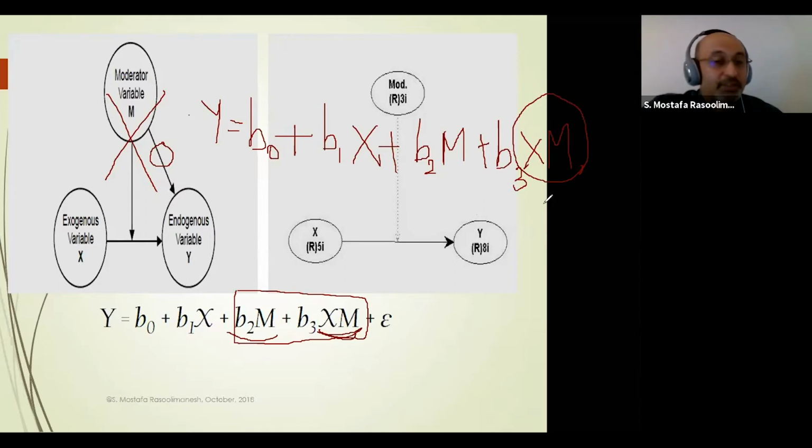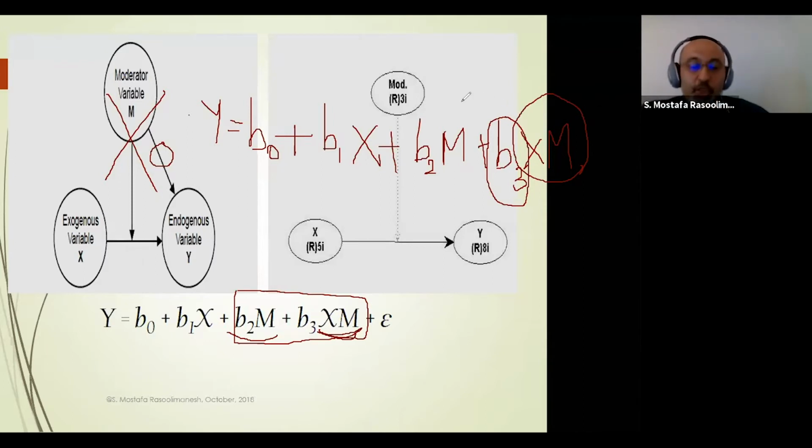We assess the significance of this interaction effect, meaning the significance of this beta 3, for assessment of the moderator, that is, the significance of the difference between the effect of X on Y at level 1 and level 2 of the moderator.